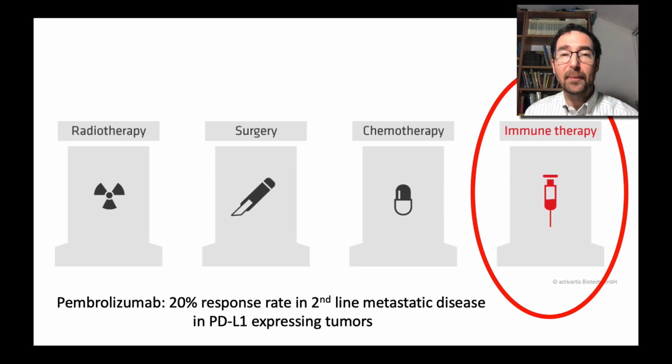It means if you give it to patients, only 1 out of 5 will have their tumor shrink with this treatment. And also it's not for any patient. It's only for those who have tumors which express the PD-L1 protein. So, I'm not a medical oncologist, but really quite disappointing results.